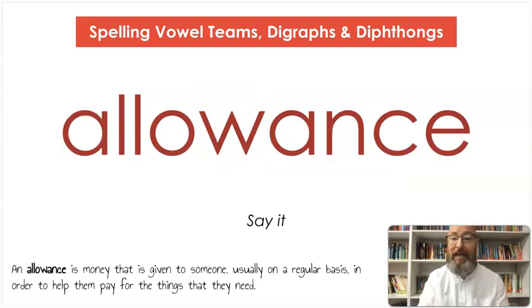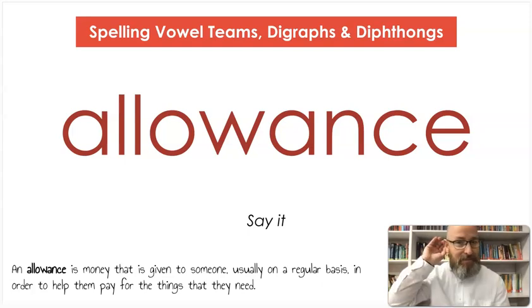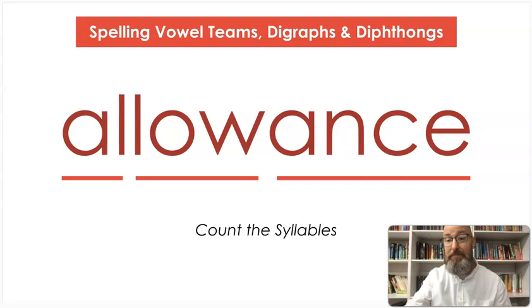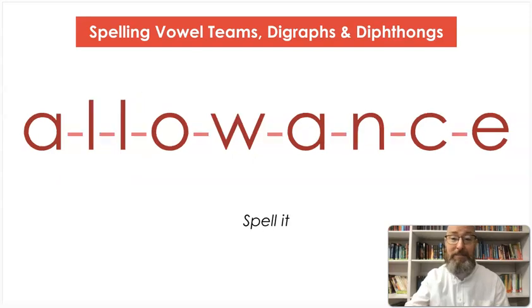Our next word is allowance. Say allowance. An allowance is money that is given to someone, usually on a regular basis, in order to help them pay for things they need. Count the syllables. Allowance. Let's spell it.